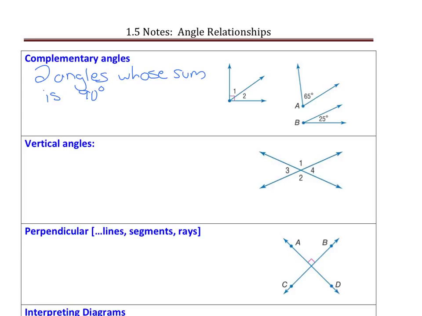And we know they're complementary because they're adjacent and they are making up a 90-degree right angle. But you can just as easily have two non-adjacent angles, such as A and B, whose sum is also 90 degrees. So let's write that out. Does not need to be adjacent.